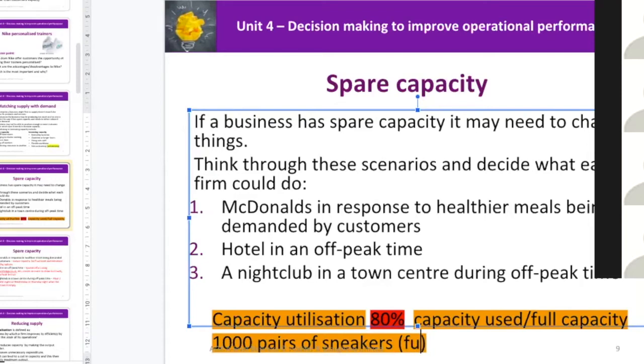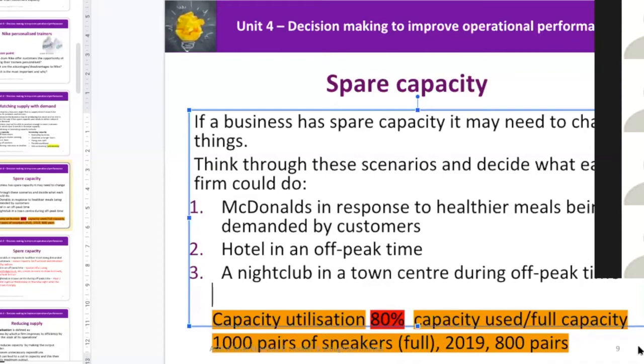Okay. For 2019, let's do. So Nike produced 800 pairs. How do you calculate the utilization? 800 over 1,000.